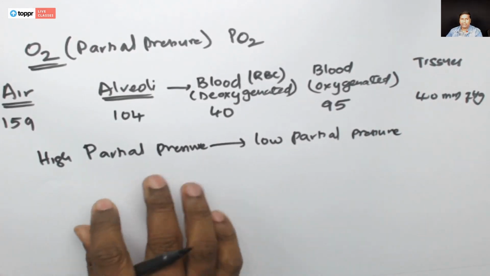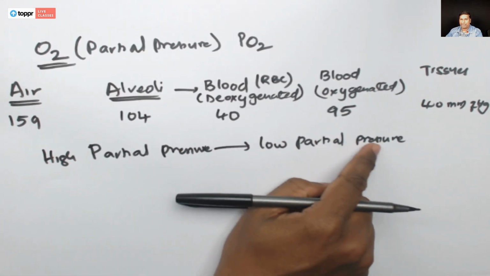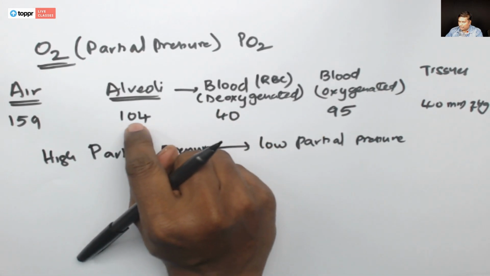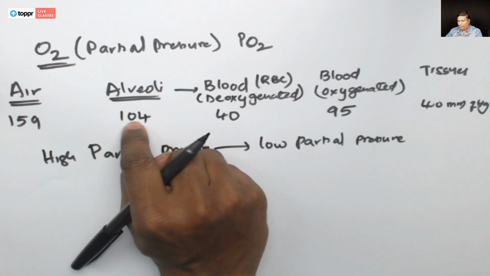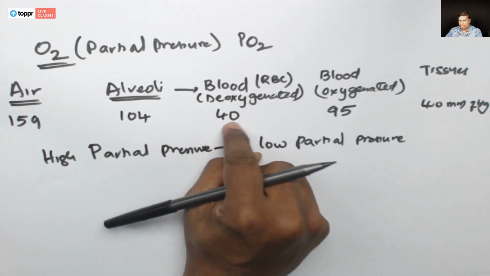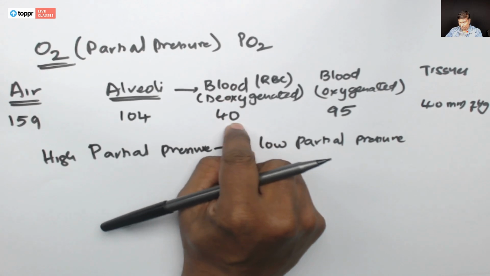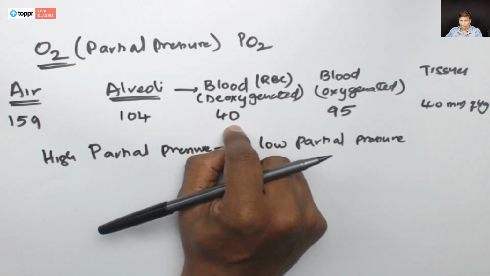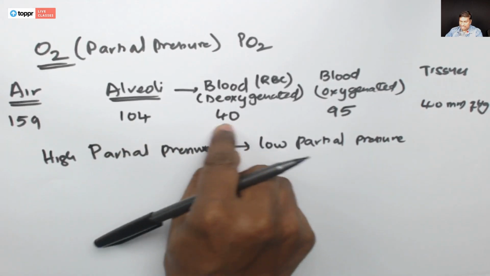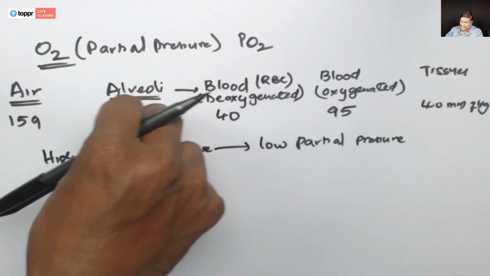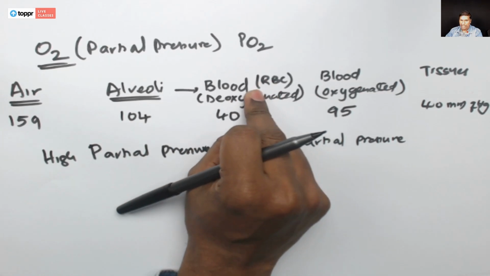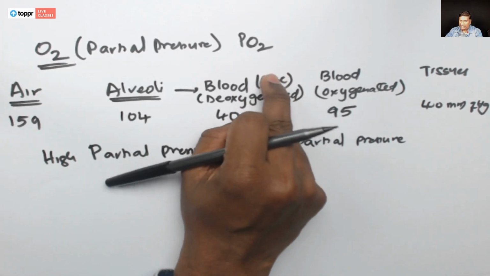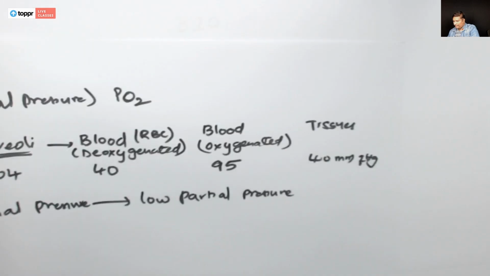Okay, so any gas moves from high partial pressure to low partial pressure. So since in the alveoli the partial pressure of oxygen is 104 mm of Hg, it moves from alveoli to the blood, which is deoxygenated blood, which has only 40 mm of Hg. Okay, this movement is possible, this diffusion is possible because in the alveoli you have high partial pressure of oxygen when compared to the blood, specifically the RBC of the blood. Okay, now we'll look at the actual events.